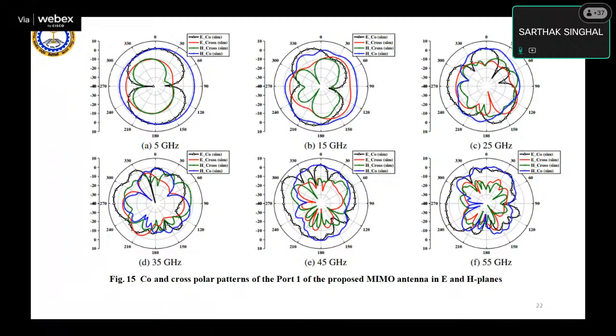These are the co and cross pole radiation patterns for E plane and H plane at all these frequencies.